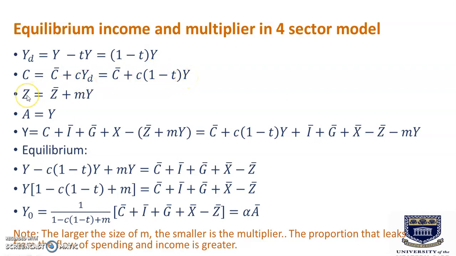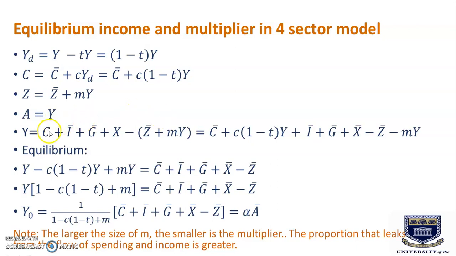Now we have our import function, which is given as imports Z is equal to Z bar, which is your autonomous imports, plus your induced imports, which is given by M, the marginal propensity to import, multiplied by Y. We still have our equilibrium condition, which states that A is equal to Y. Thus, we know for our components of A, like I said, A is equal to C plus I plus G plus X minus Z, because Z, imports, is a leakage.